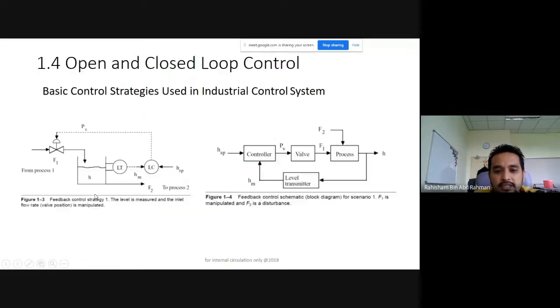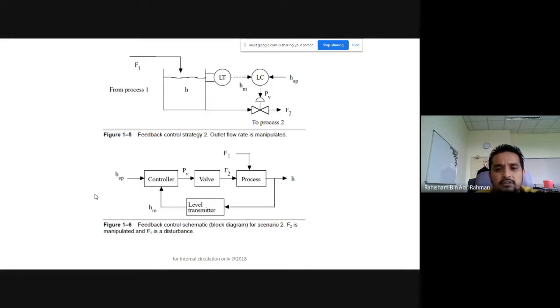To achieve one objective, it can be achieved in various ways, in some options. As I mentioned, it depends on the engineer how to design it, whether we want to use an expensive device or we can't afford to buy an expensive device and need to go with a very simple one. So for the same objective, any process control can be achieved through various ways. This is feedback control strategy 2.